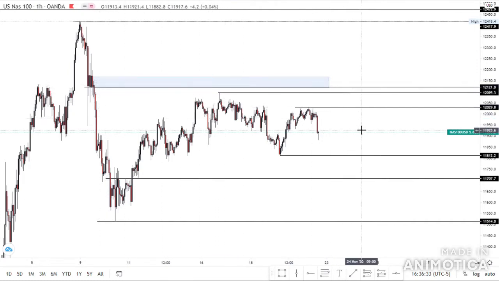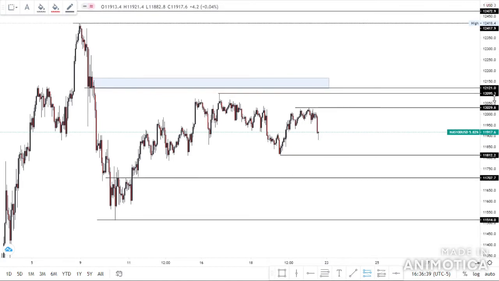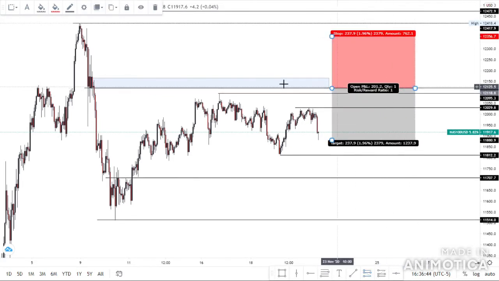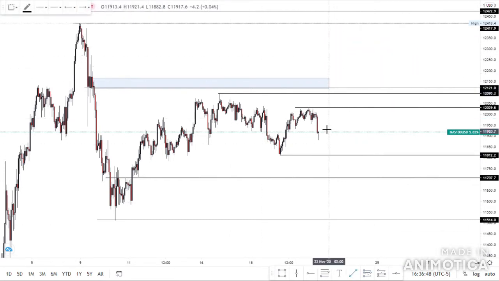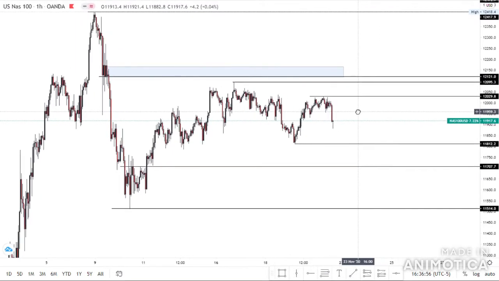So for my view, I would most likely be waiting to sell NAS in this region right here, okay, because we know that NAS likes to spike higher before moving towards its initial direction, okay.